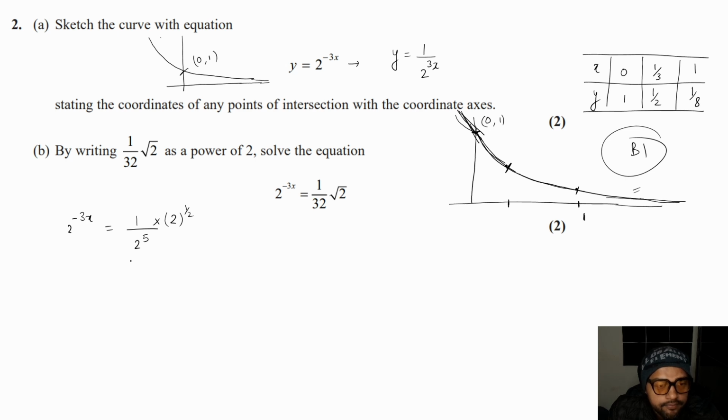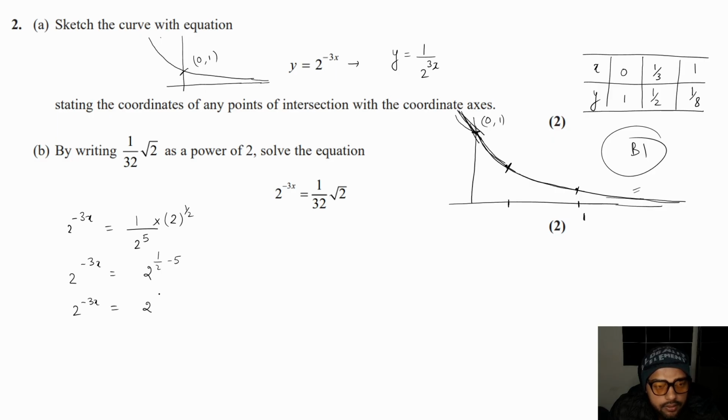This could be written. So let's keep this part 2 raised to the power negative 3x. Here, applying the laws of exponents, so we will get 1 by 2 to the power negative of 5. Okay, so what we'll get here? We'll get 2 raised to the power negative 3x equals to 2 raised to the power.